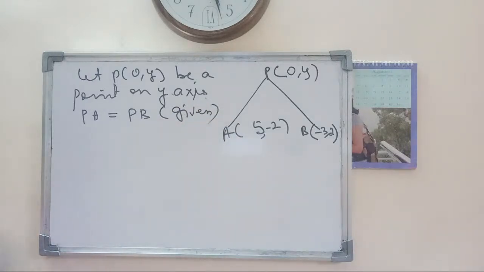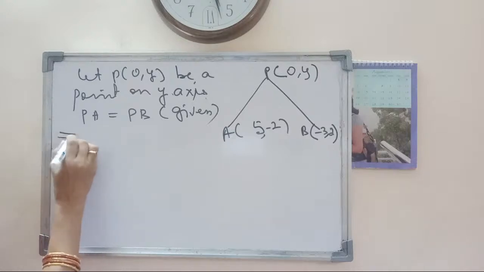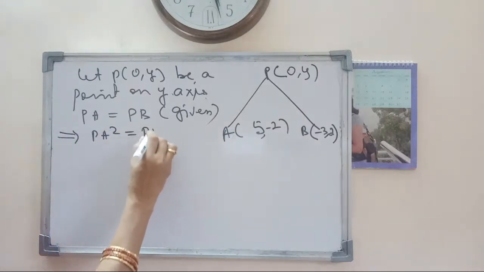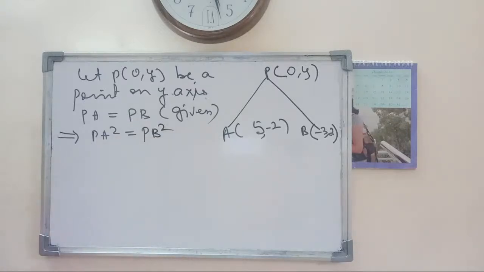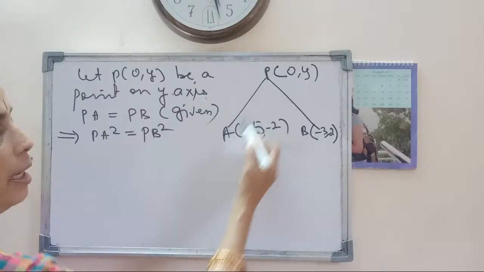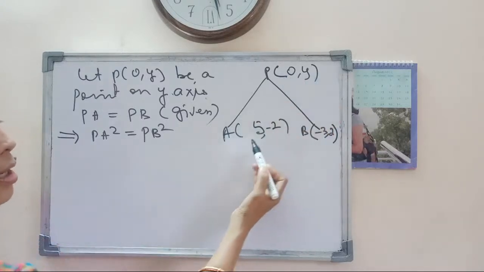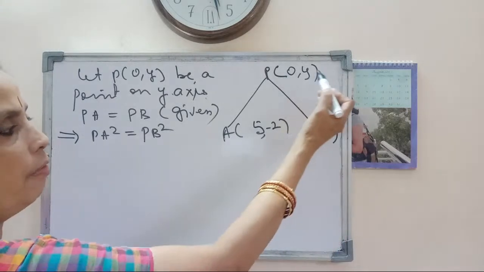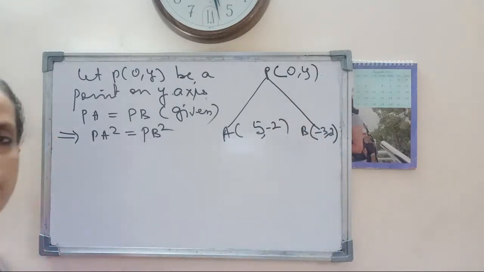To remove the square root, I just write, which implies PA square equals PB square, squaring LHS and RHS. Now let us apply the distance formula. Here for PA, x1, y1, x2, y2. For PB, x1, y1, x2, y2.